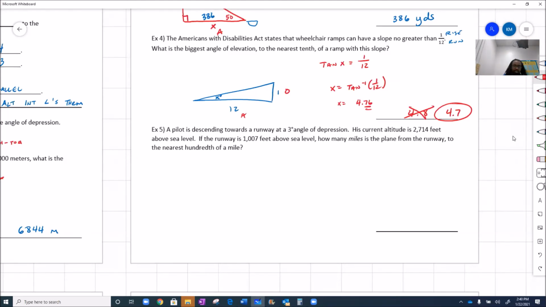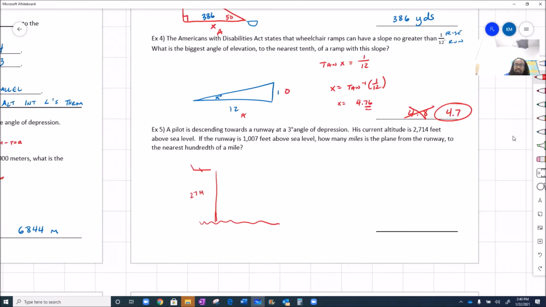Okay, so as we look at this, we've got a plane. Our current altitude is 2,714 feet above sea level. So we're looking at the sea, and then it says there's a runway that's 1,007 feet above the sea level.